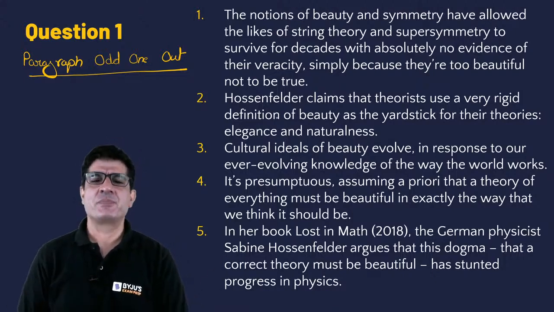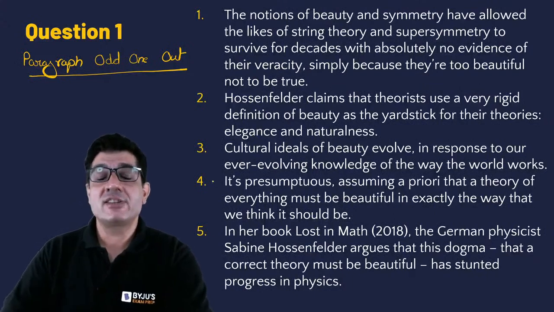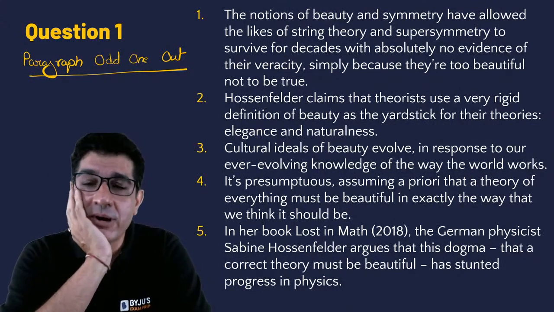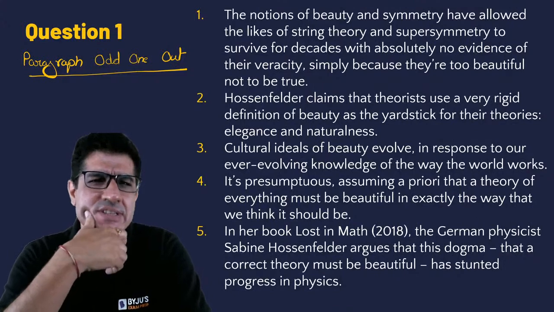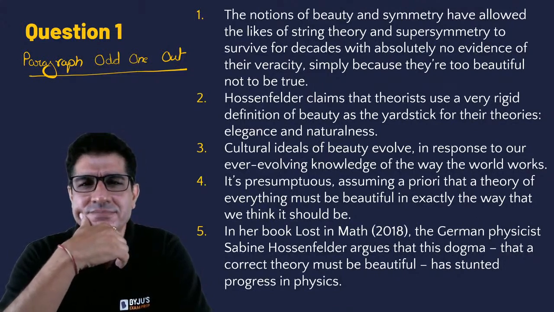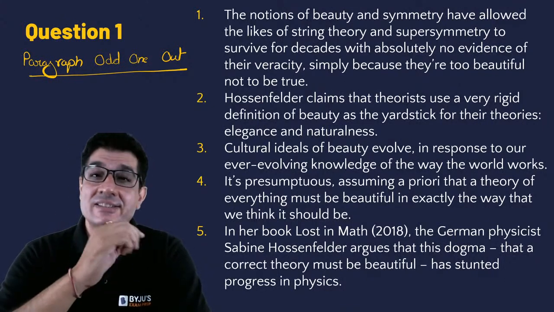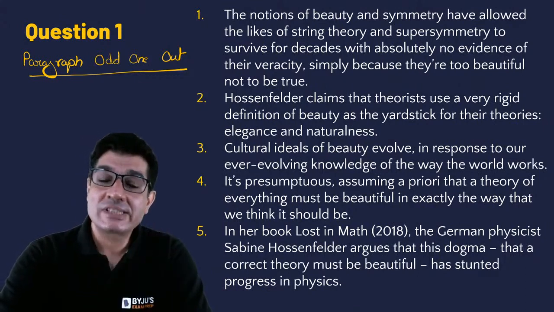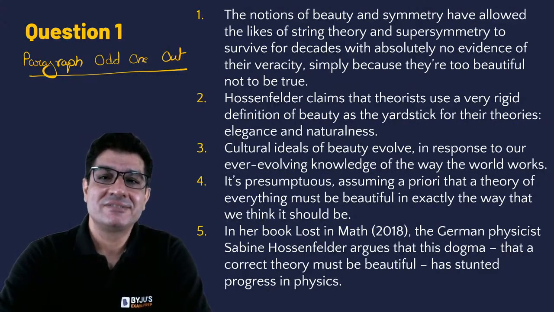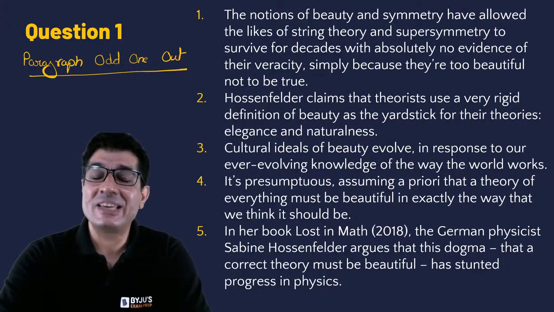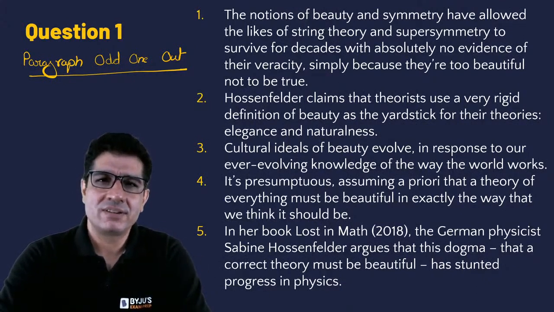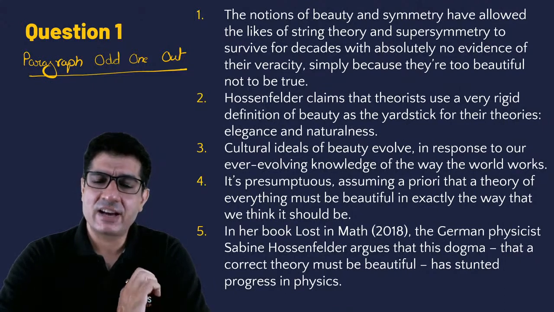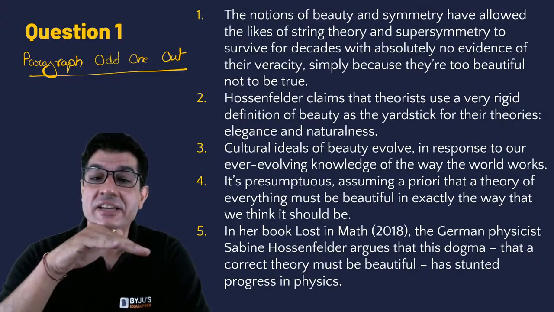Okay, so let us see. Now that you've read all the sentences, what do these sentences talk about? Tell me. What do these sentences talk about? So 4 of these sentences talk about how the beauty associated with a theory somehow makes the theory appeal infallible. And those 4 sentences are 1, 2, 4 and 5.